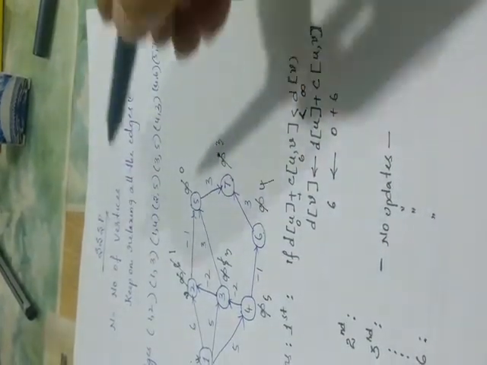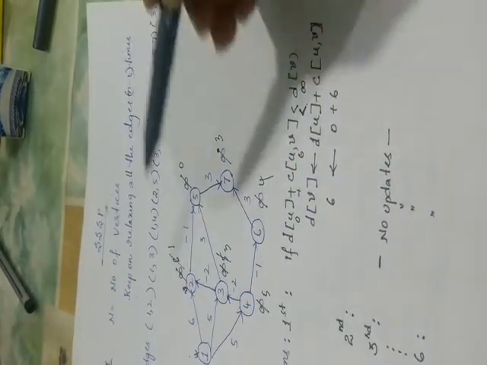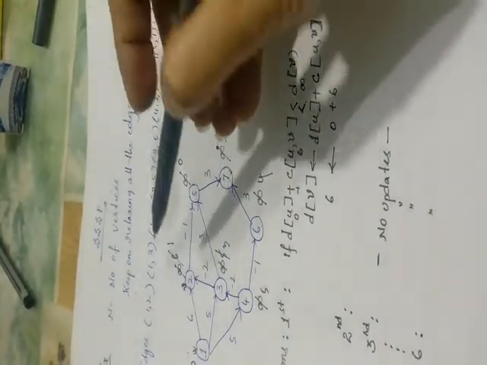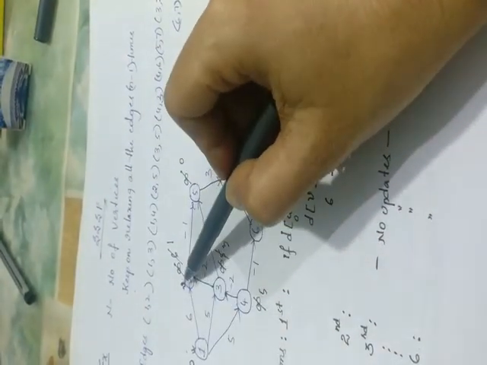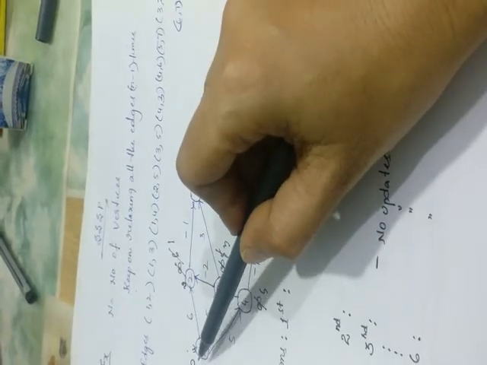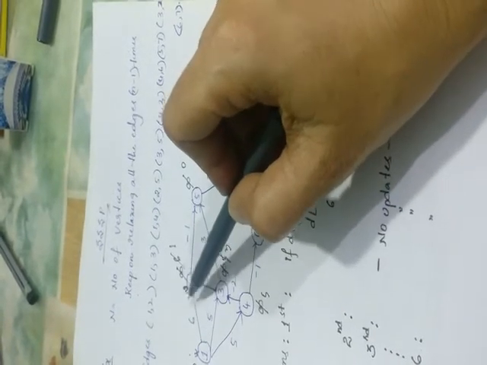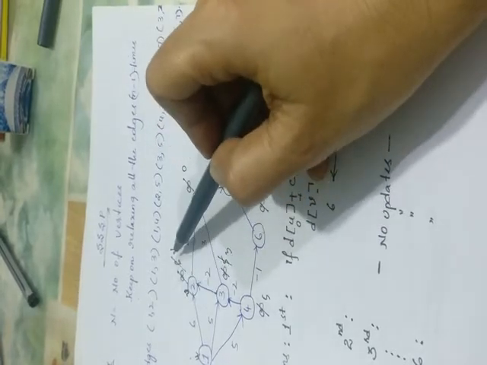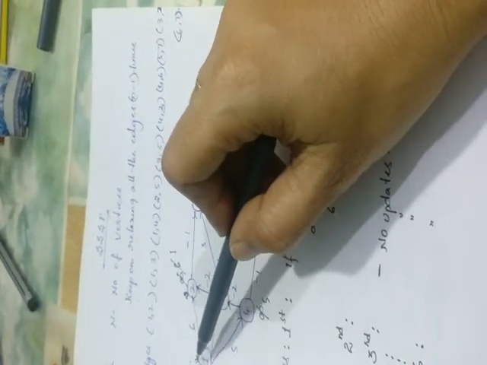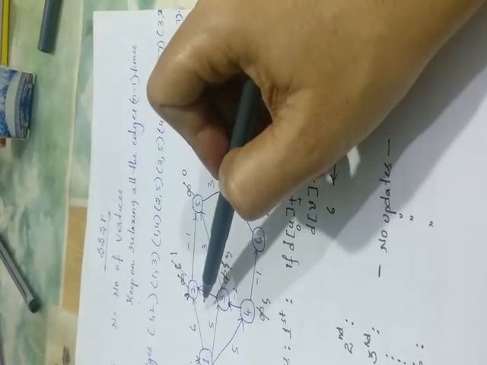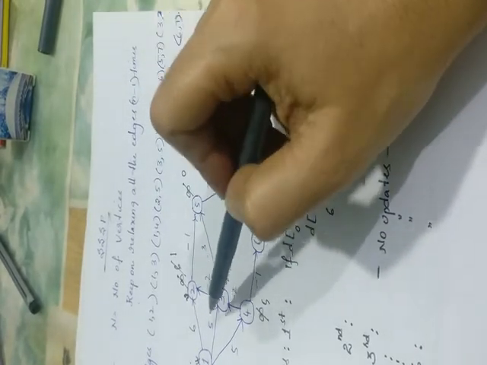Again we should take all the edges and repeat the same process. So now again from 1 to 2, 0 plus 6 is 6. Is 6 less than 1? No, so I am not updating this. 1 to 3: 0 plus 5, is it less than 3?